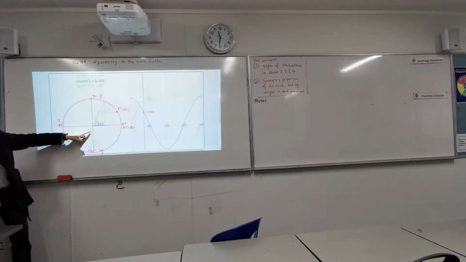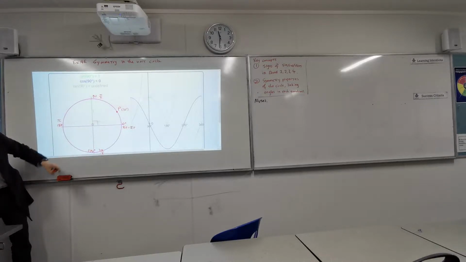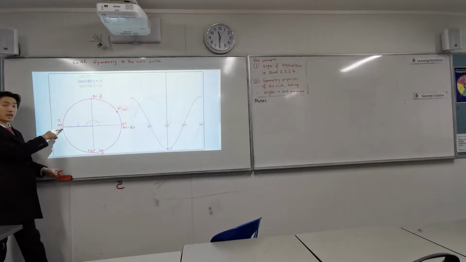Our sine reaches a maximum value of 1 at 90 degrees, and our cosine becomes 0. Now, as we increase our angle to the other side, we notice that the sine decreases to 0 and the cosine becomes -1. It becomes -1 because our x-coordinate here is -1.